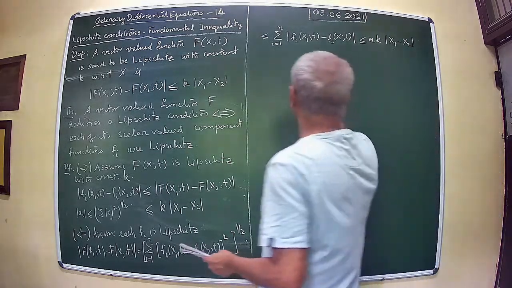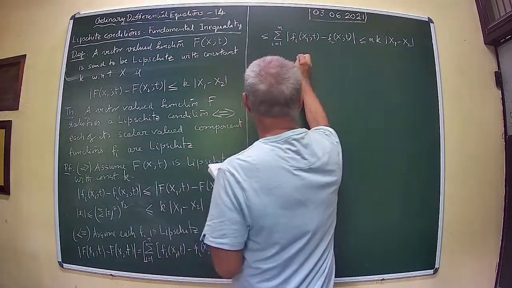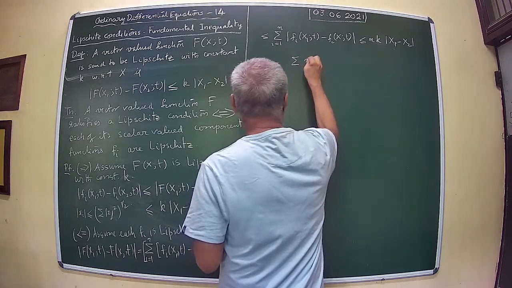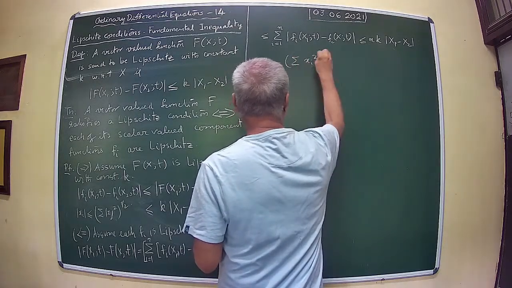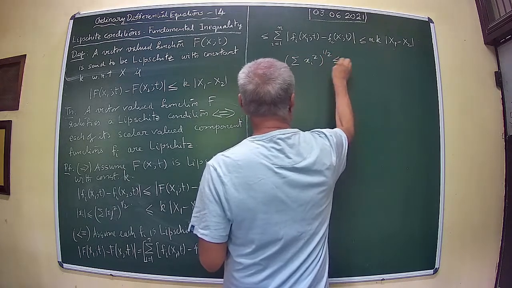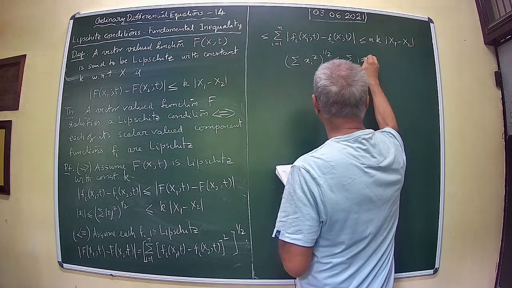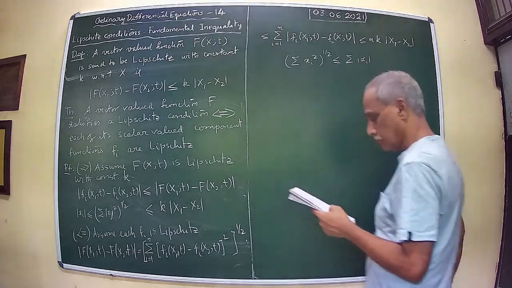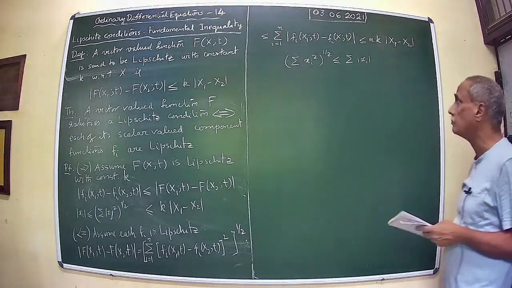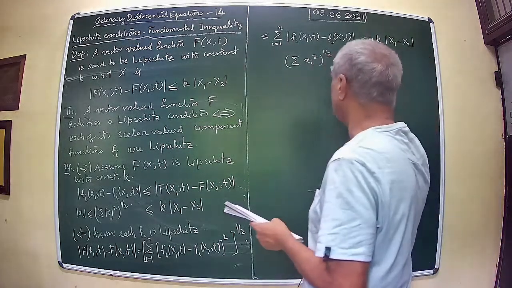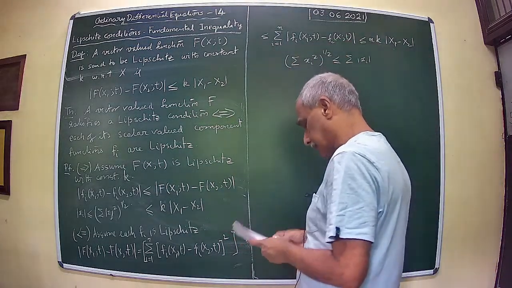Here you are using the property of the sum; it's quite easy to prove because you square it up, you will get the result.